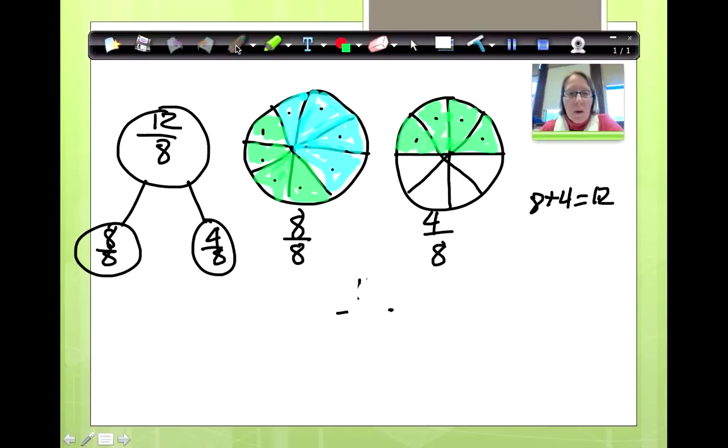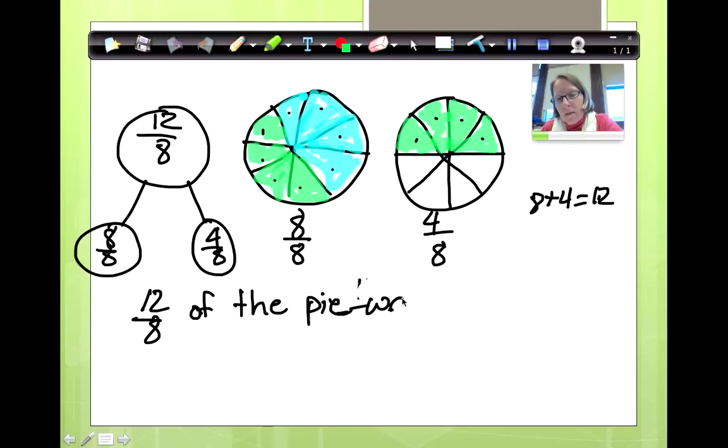So, we can say that 12 eighths were eaten. Eighths of the pie was eaten by teenagers. I'm going to say teens. Oh my goodness, those hungry teens.